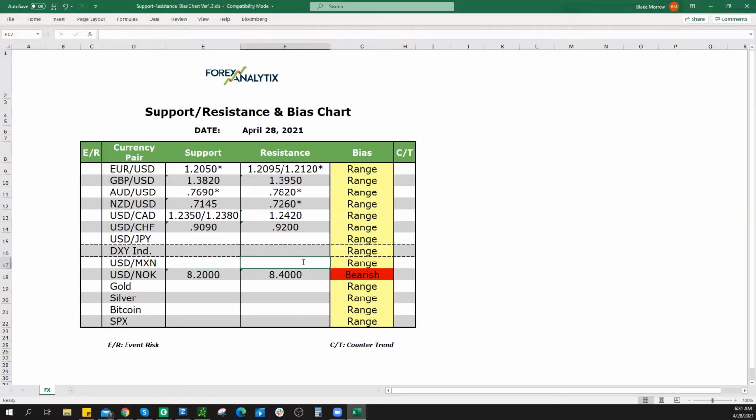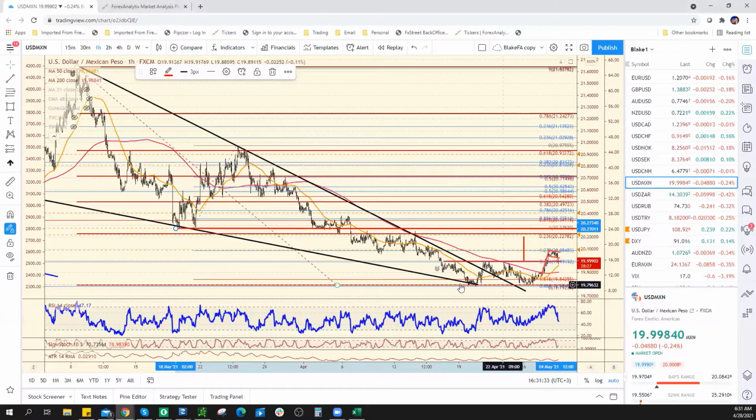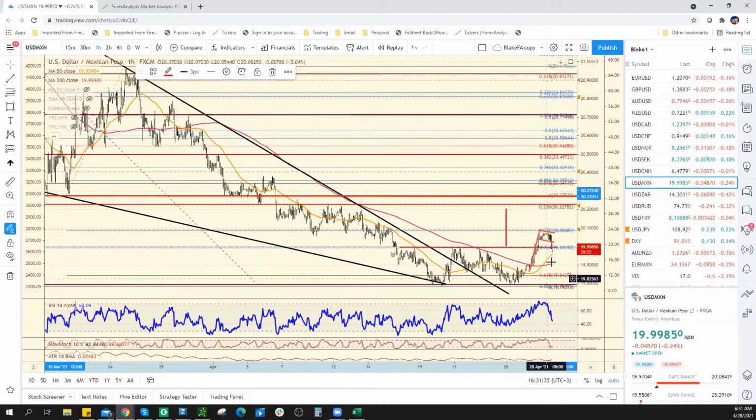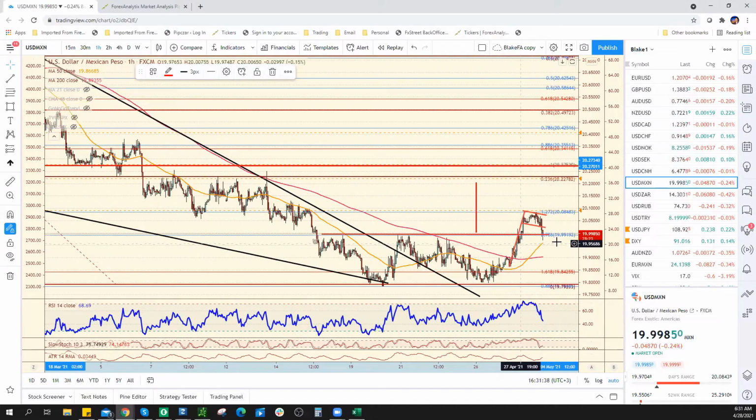And personally, I think that level has to be taken out in order for us to get out of this range. 1978 is support, because that's the double bottom support. It's holding up all right, especially with stocks as strong as they are.